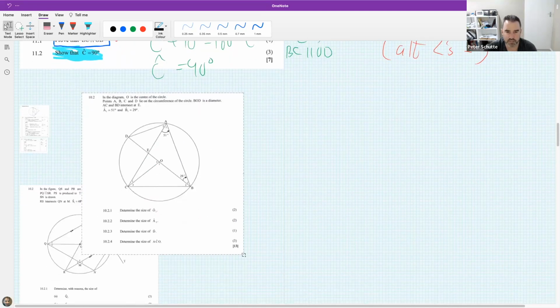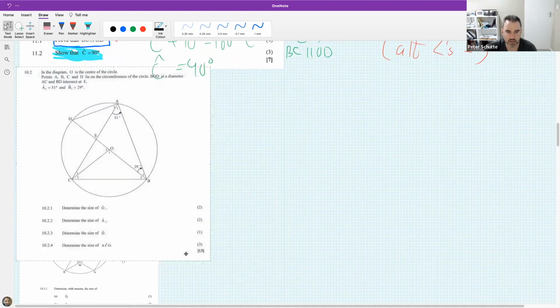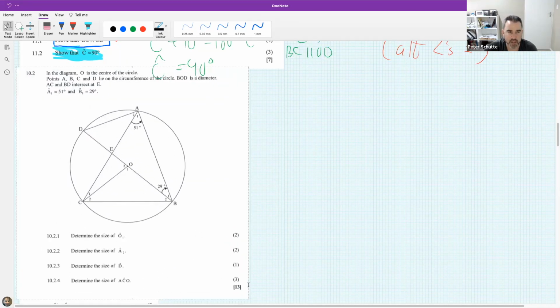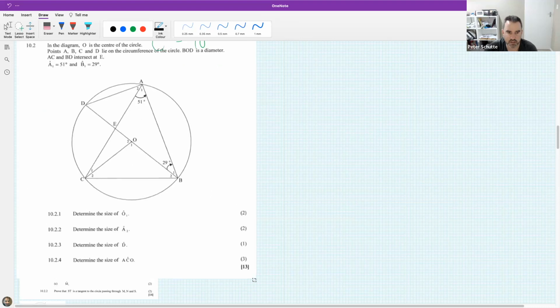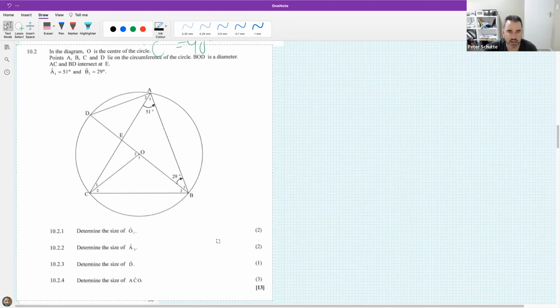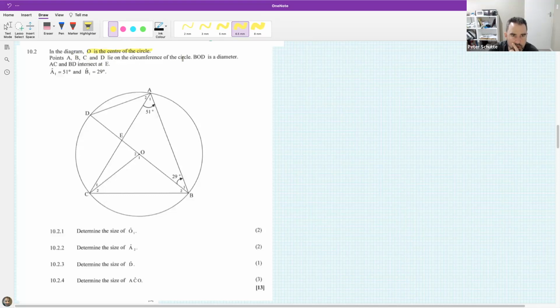Okay, so what we have here, let's just pop one more question before we go to the break. Let me make this one nice and big. Let's let you guys loose on this before break time. In this question, O is the center of the circle. We have the points on the circumference.